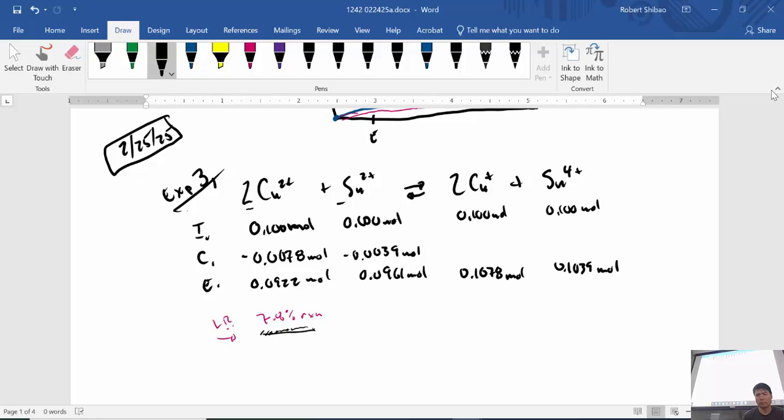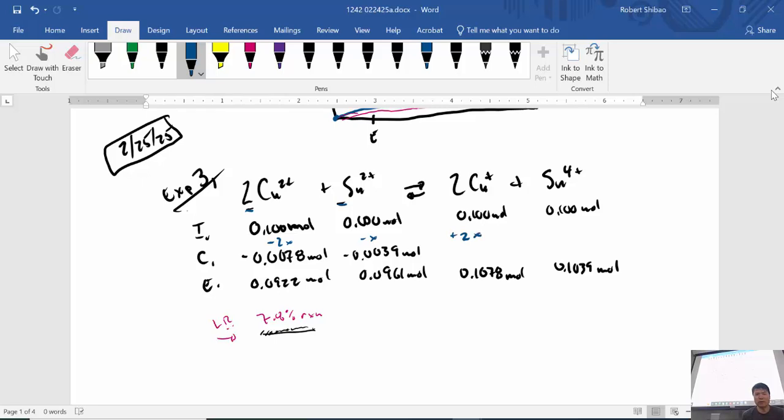And then over here, the copper, this is pretty easy because this is what we call a minus 2x. This is a minus x. And therefore, based on the stoichiometry, where do I get 2 and where do I get 1? That comes from the coefficients here. This is 2. I don't know what x is, but we figured it out. But we know it has to react in a 2-to-1 ratio. And the products are also going to form in stoichiometric quantities. That's going to be plus 2x.